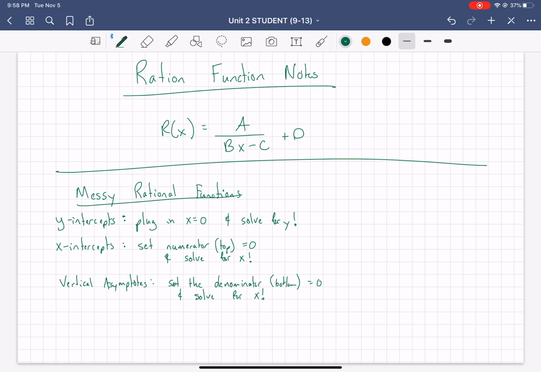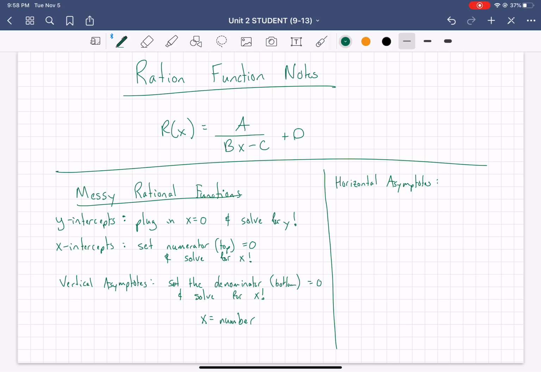And that will tell us where we have vertical asymptotes and where we have issues in the domain. The next one, and I'm going to do it off on the side, is our horizontal asymptotes. Wait, down here for vertical, let's remind ourselves it's going to be x equals a number. Vertical is always x equals a number.